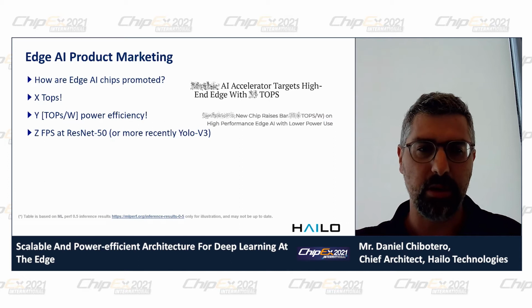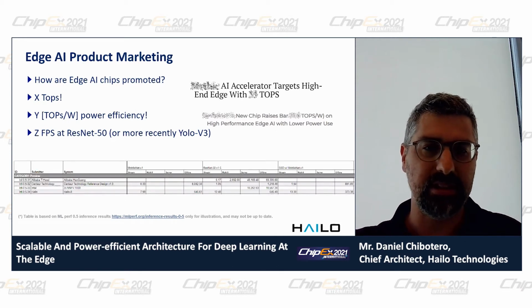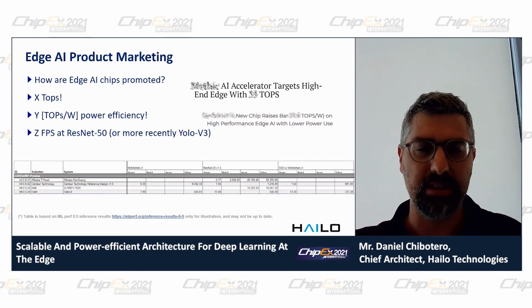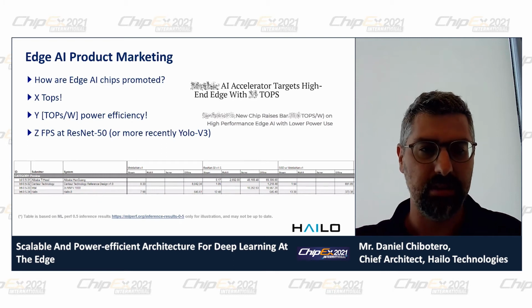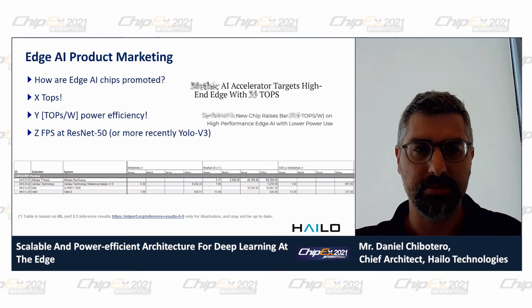The second one is power efficiency. So new chip has Y TOPS per watt power efficiency. And the third one is the number of FPS, usually at the ResNet-50 benchmark. And as you can see in the previous slide, we do the same. And from product perspective, these 3 figures are not interesting, and we will show why in a second.